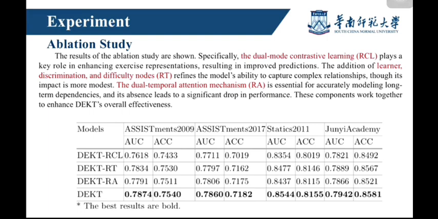The results of the ablation study are shown. Specifically, the dual-mode contrastive learning plays a key role in enhancing exercise representations. The addition of learner discrimination and difficulty nodes refines the model's ability to capture complex relationships, though its impact is more modest.